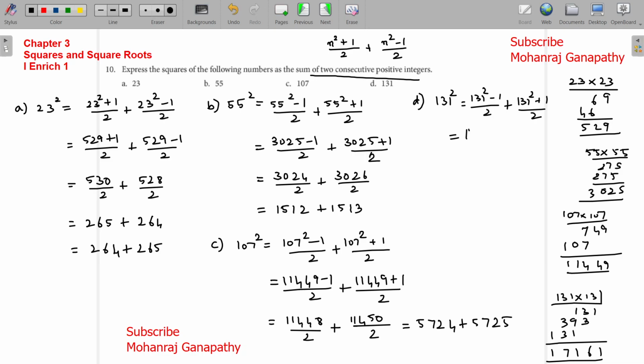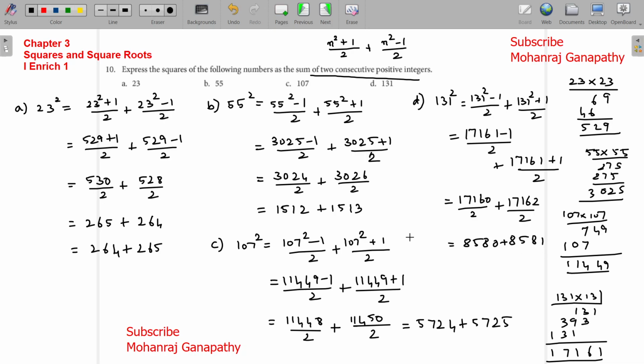So 17161 minus 1 by 2 plus 17161 plus 1 by 2. 17160 by 2 plus 17162 by 2. 8580 plus 8581. So these are the two consecutive numbers. On adding these two consecutive numbers, we will get 131 square.